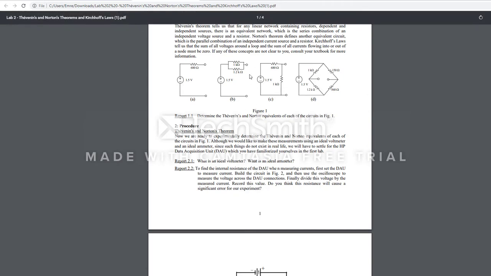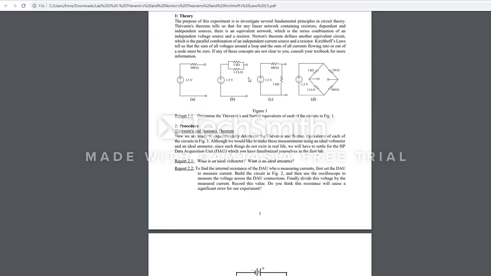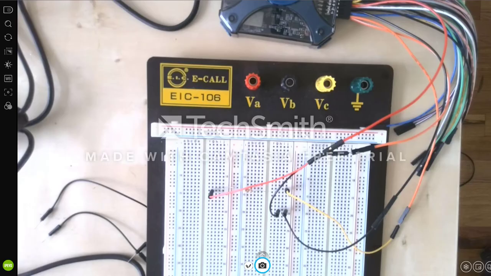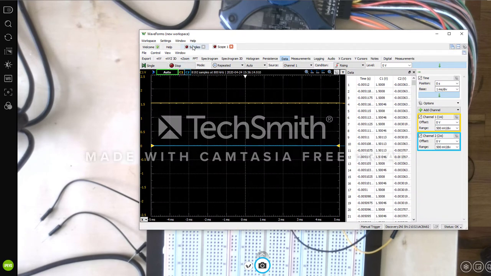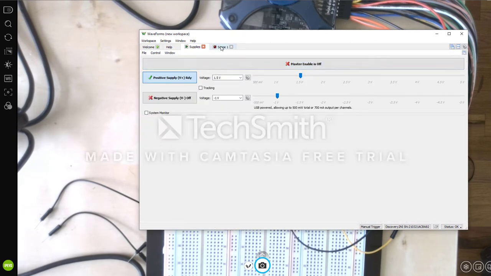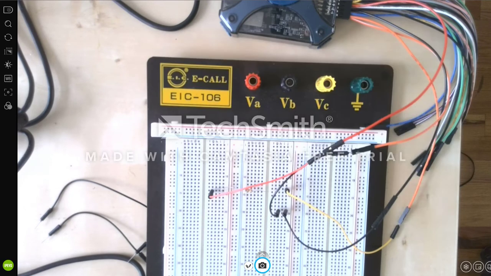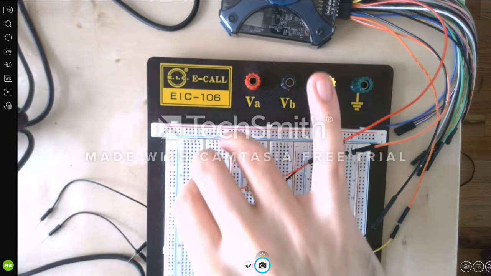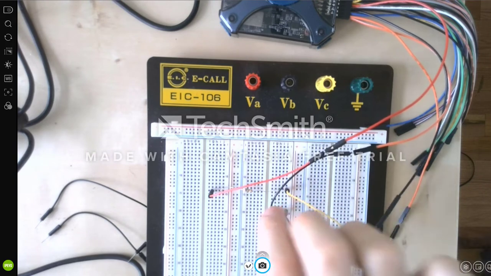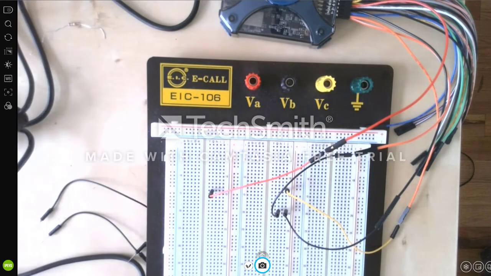Now let's construct our second circuit. The DC voltage is the same. We are just going to change the resistance values. This time we're going to use two resistors, one 1.2K and one 1K resistor. We're not going to use this one anymore. We need 1K.